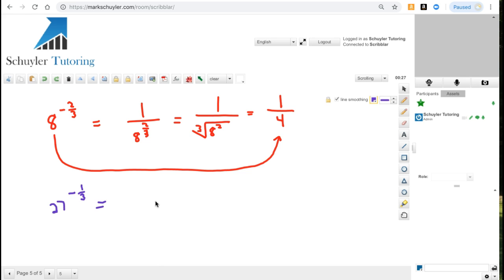How can you rewrite that as a positive fraction? Remember, that negative sign doesn't mean negative answers, it just means you're going to have a very small positive fraction as an answer. Well, first of all, the negative meant 1 over 27 to the 1/3 power. And then you can work on the denominator by saying, well, that really means the cubic root of 27 to the 1st power.